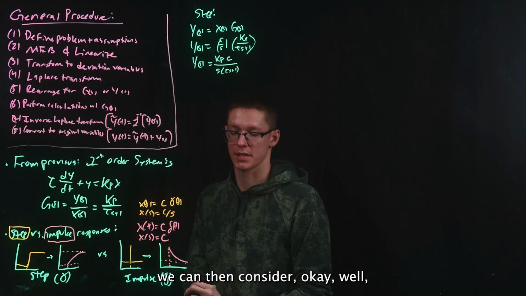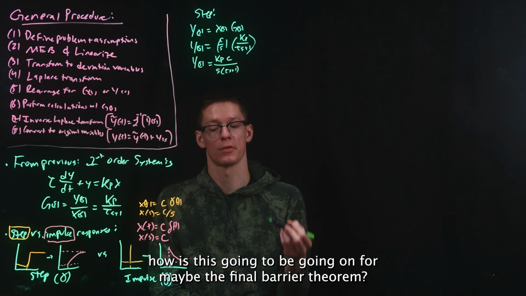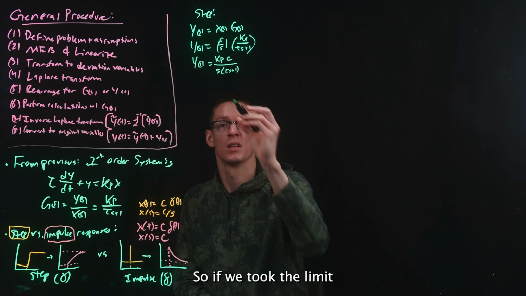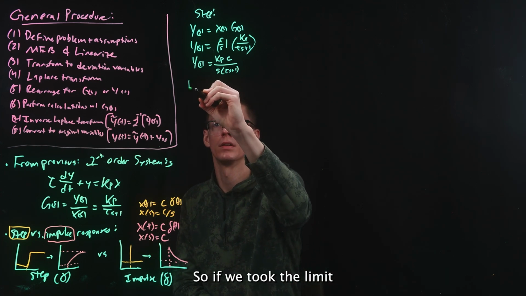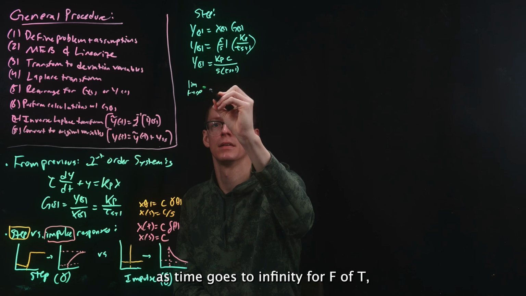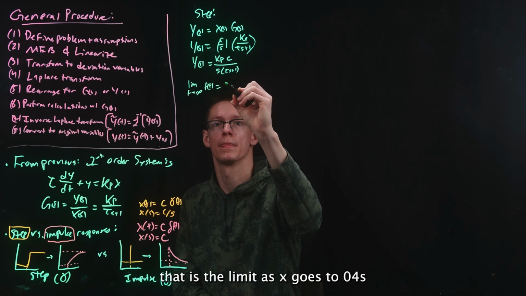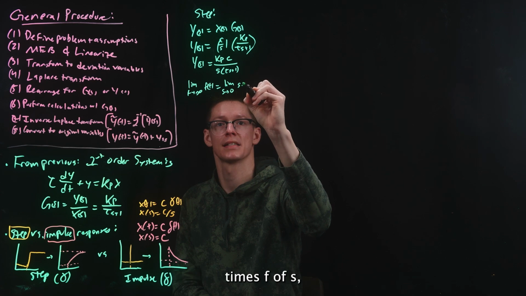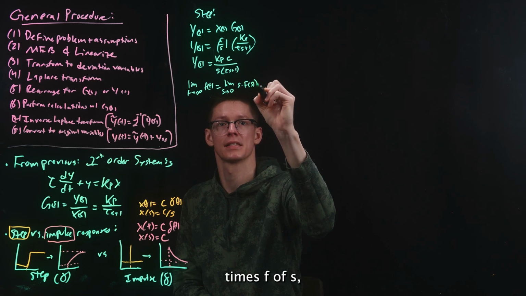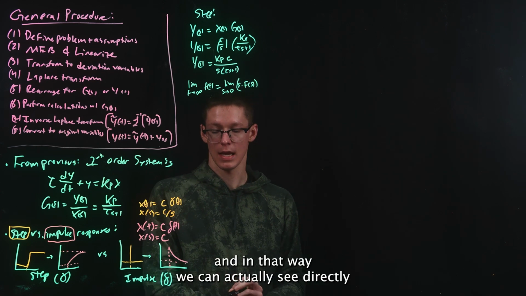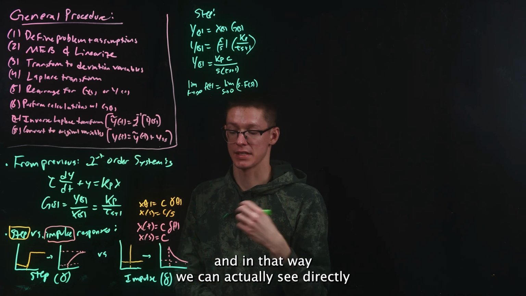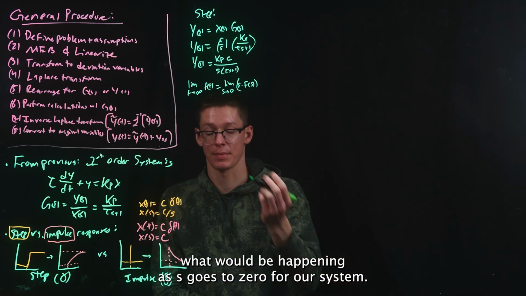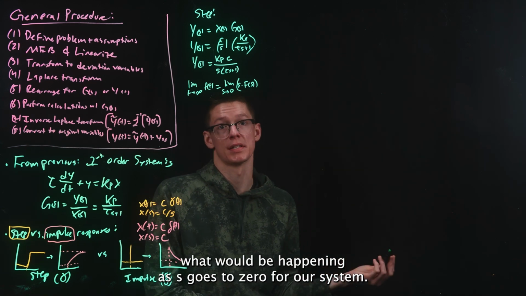We can then consider how this is going to go for the final value theorem. If we took the limit as time goes to infinity for f of t, that is the limit as s goes to 0 for s times f of s. In that way, we can see directly what would be happening as s goes to 0 for our system.